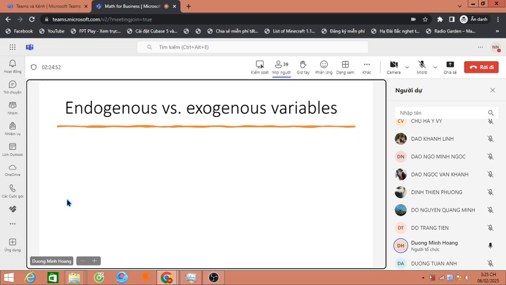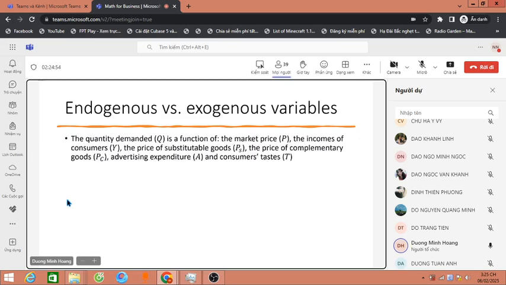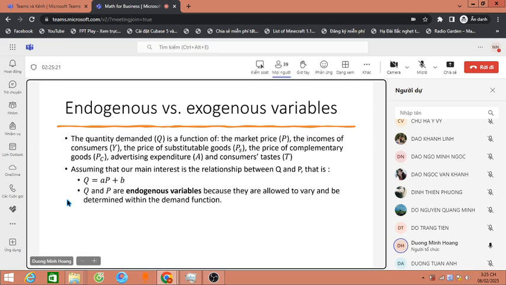Okay. Last thing. Actually, it's endogenous variables versus exogenous variables. So this thing you will see again in some classes, but it will be mostly used when you work on your thesis. So back to our demand function.